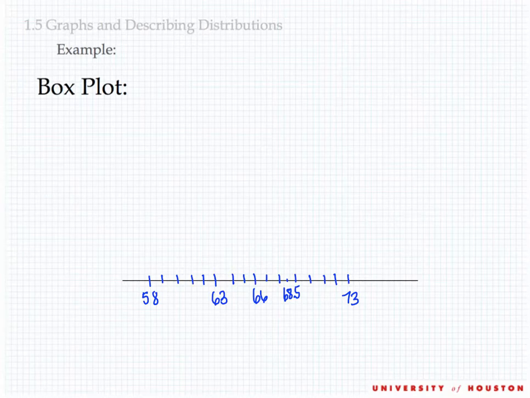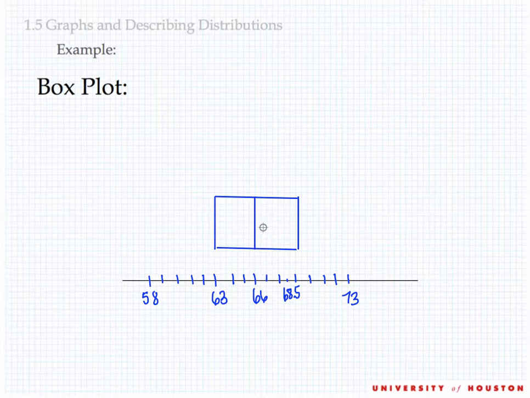We're going to create a box that goes from Q1 to Q3. Then we'll draw a line to represent the median. Now note, your median does not necessarily split this box in half.